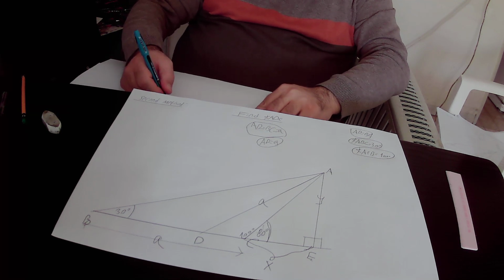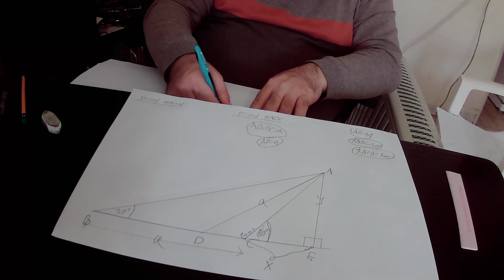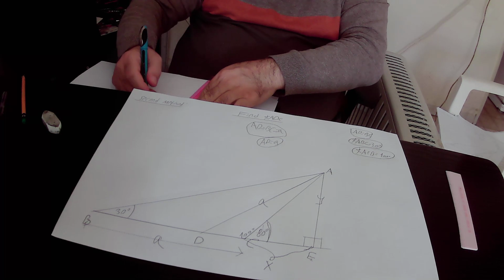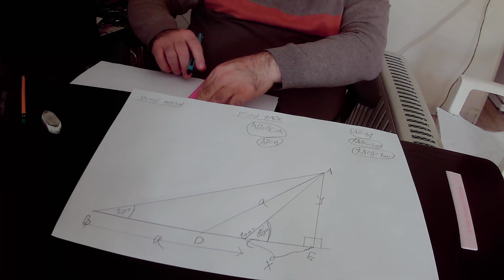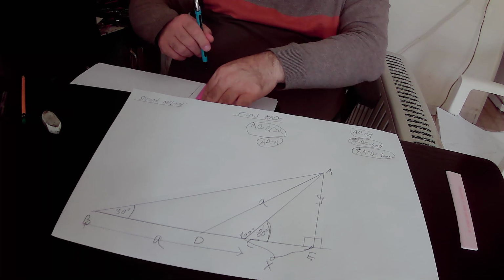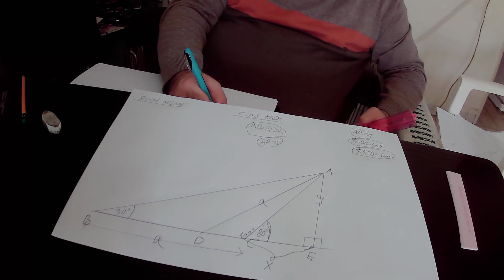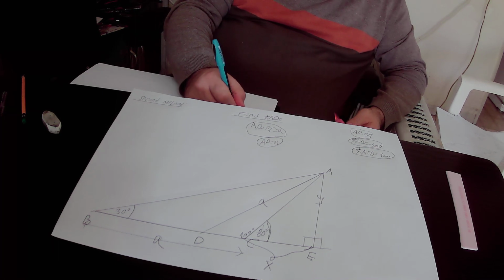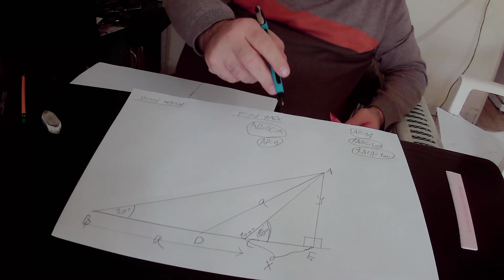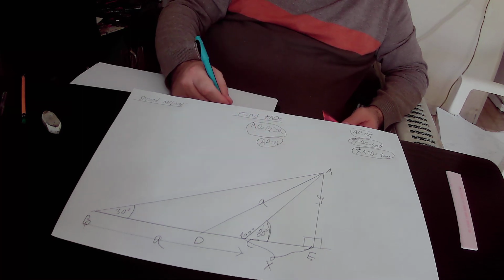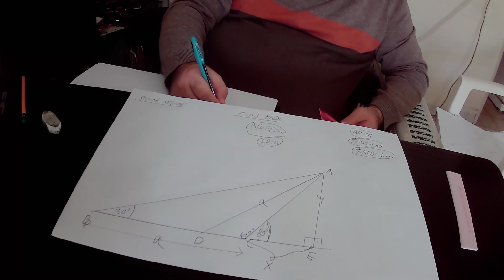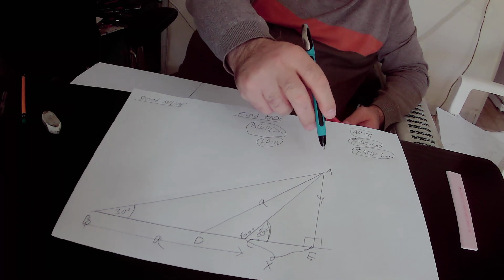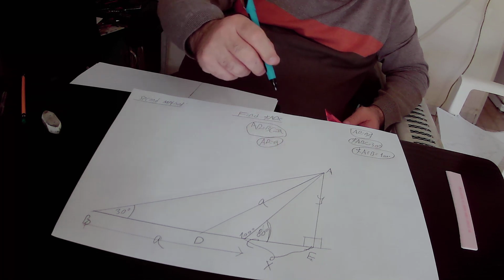In the right triangle ACE, tangent 80 degrees equals AE over CE.